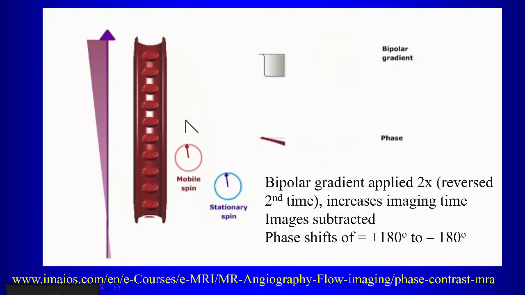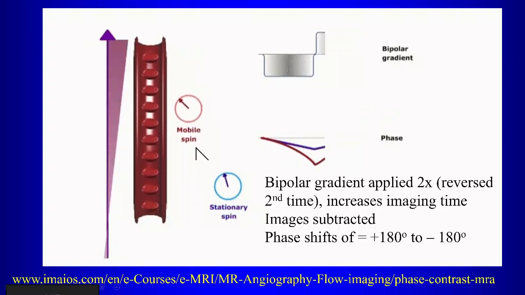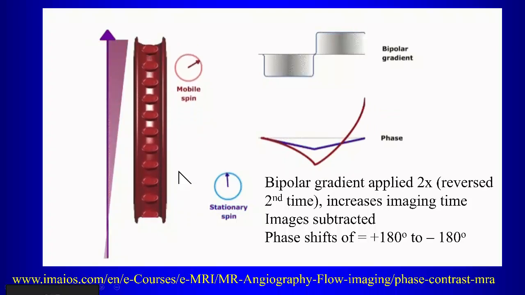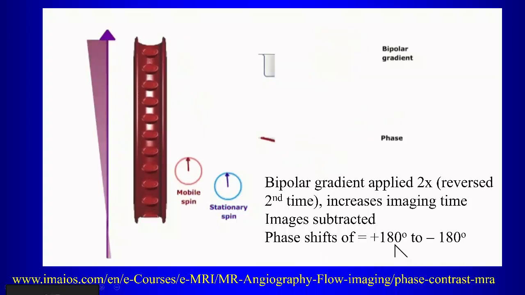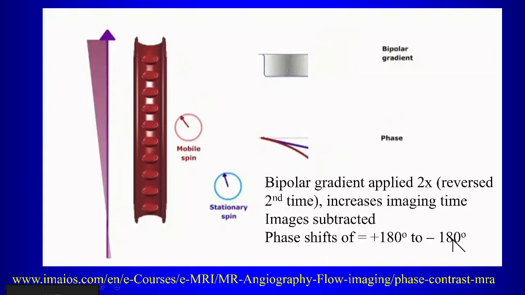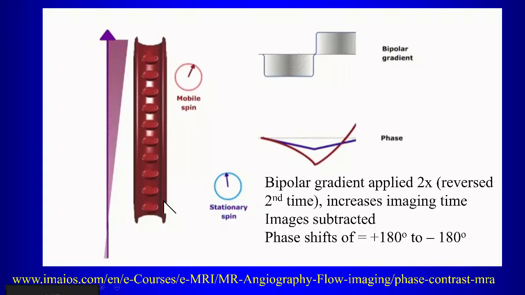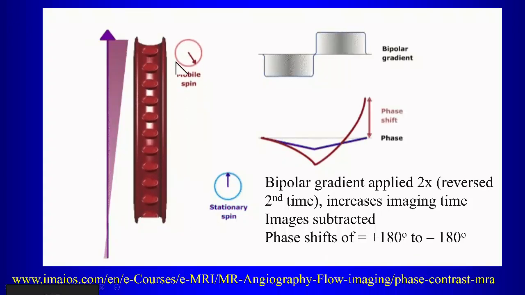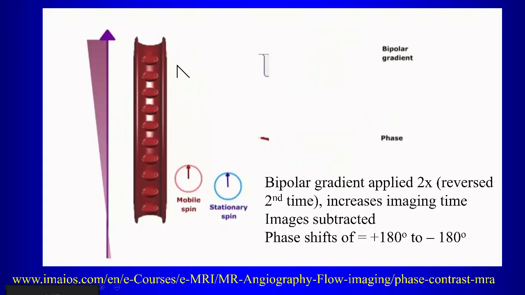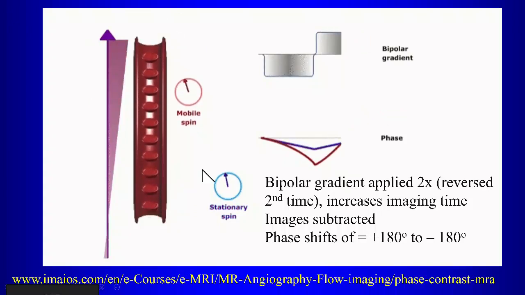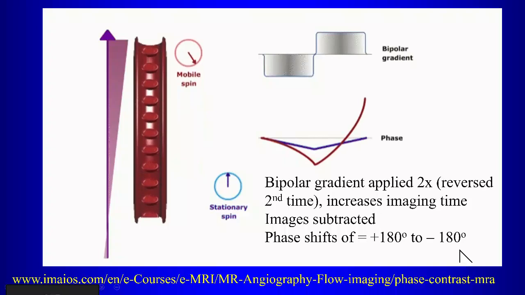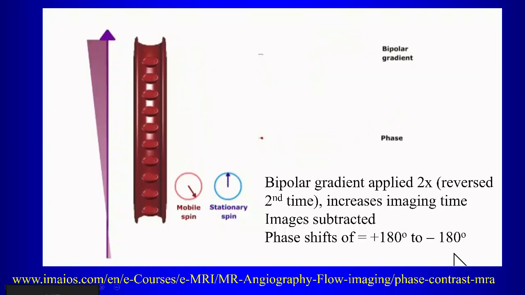And it turns out that the degree to which it is out of phase is related to how fast it is moving. And so the phase shift can be anywhere between plus 180 degrees to minus 180 degrees, depending on which way the blood is moving. So let's say if it's moving in this direction, you can measure phase shifts of up to plus 180 degrees, but if it's moving in the other direction, you can measure phase shifts up to negative 180 degrees, okay?